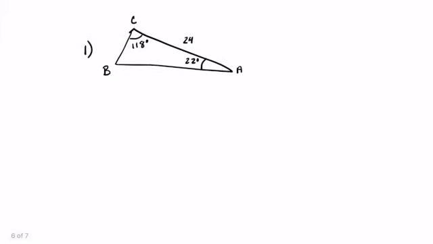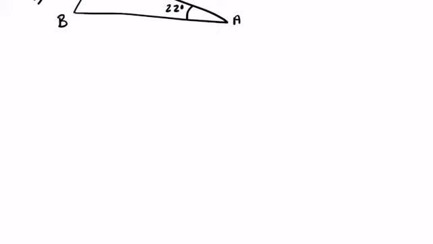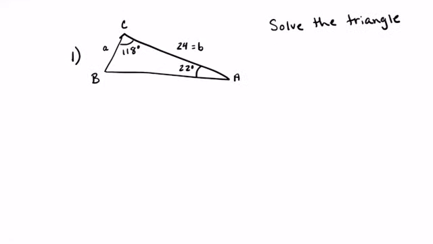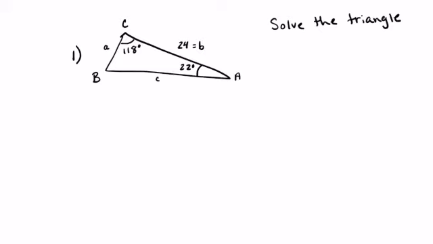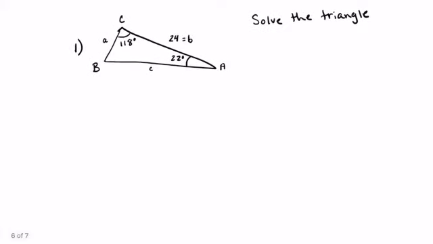Anytime the question asks us to solve the triangle, what that means is they want all angles and all sides. In this particular case, I'm given angle C and angle A. The opposite side of angle A is side a, the opposite side of angle B is side b, and the opposite side of angle C is side c, denoted by the lowercase letters.